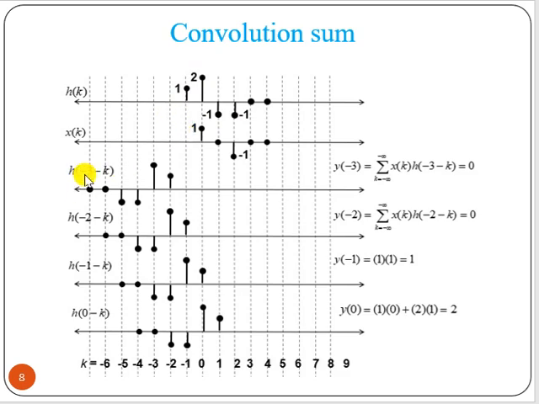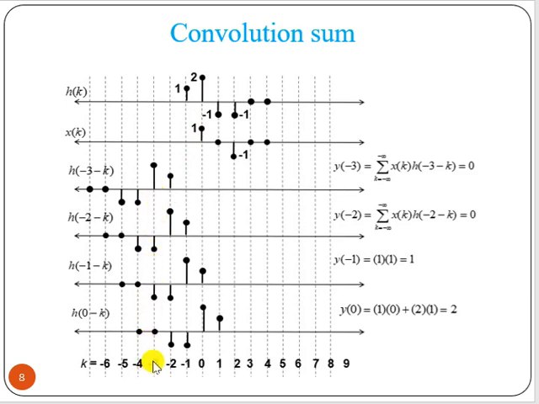Now if you want to shift to h of minus 3 minus k, what will happen? k equal to minus 3, that means we have to add minus 3 to each k value, right? That means the 0 position, 0 plus minus 3, will be equal to minus 3. So this is your 0, minus 1, minus 2, minus 3.